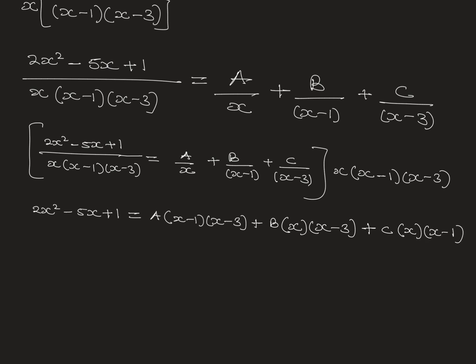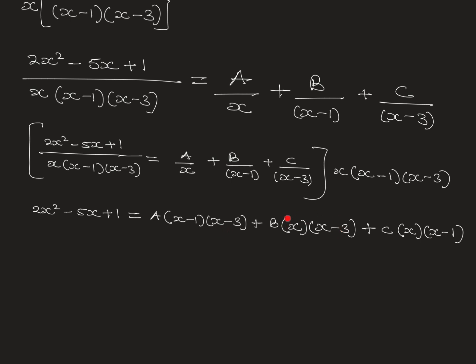All right? Now, from this point, whenever we have something like this, what we try to do is to make sure that we have the brackets to be 0, so that we can be able to find the constants. All right? We can make this 0 by considering x to be 1, or by considering x to be positive 3.